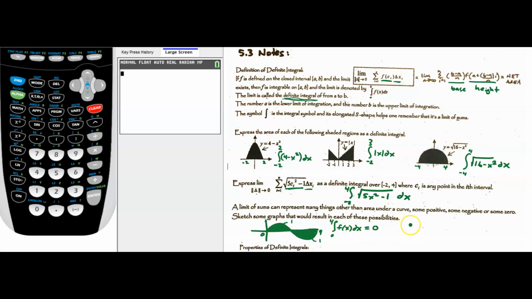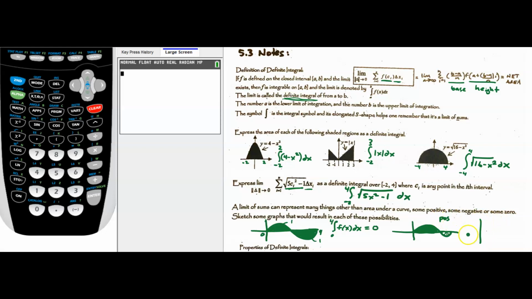So if I drew a picture like this one right here, if I said, let's take an area like this, and then we've got it just a little bit below the x-axis. You can imagine in this case, isn't this area above the x-axis much more than this area below the x-axis? And so this would be a positive definite integral.